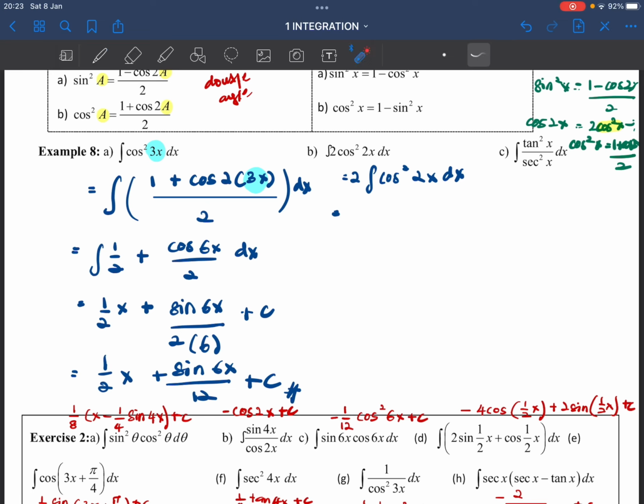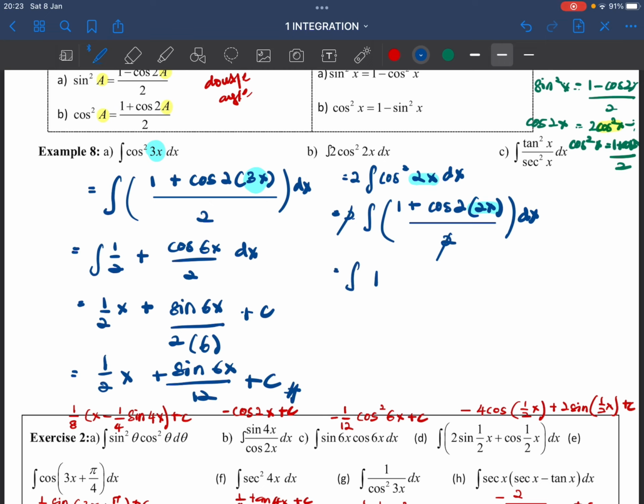So we can change the question first, which means we will get 1 plus cos 2 times A, which is 2x, over 2 dx. Before we proceed, we can simplify. We can cancel out this 2, which means now we only want to integrate 1 plus cos 4x.